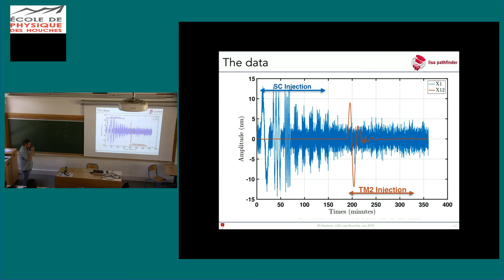So here's real data. This is data from an experiment done in flight, and it's always nice to look at units. You see here the time scale of the experiment is minutes, a few hundred minutes long. Here the amplitude is nanometers. So x1 is the blue curve, that's the spacecraft motion with respect to the free-falling test mass.